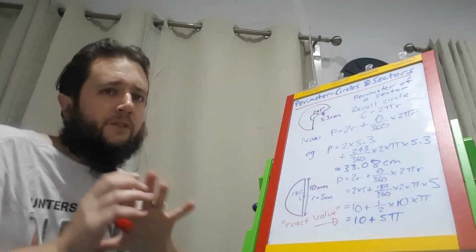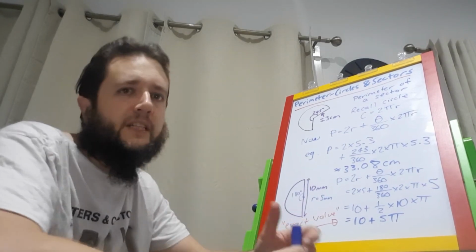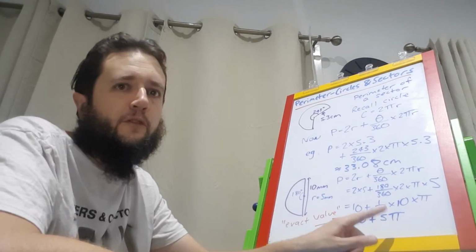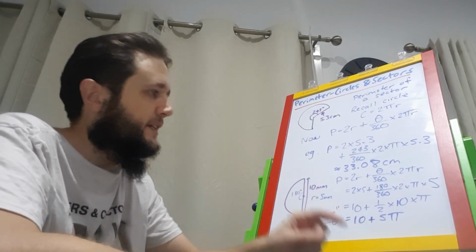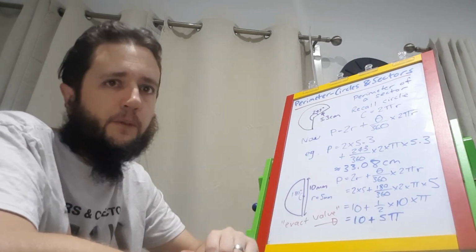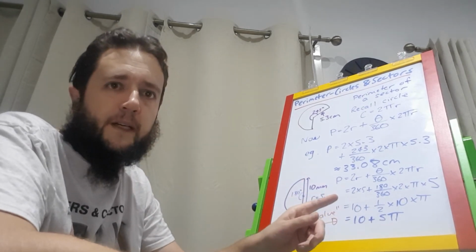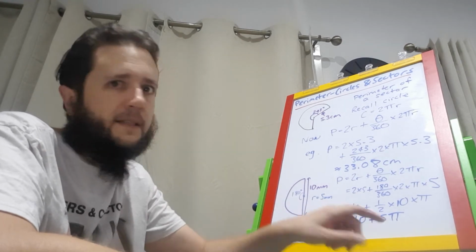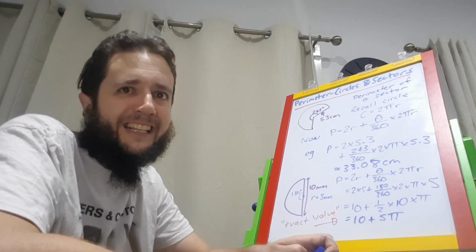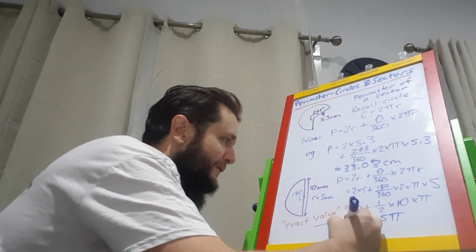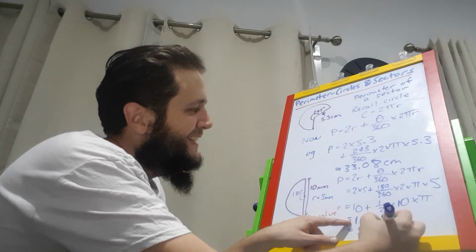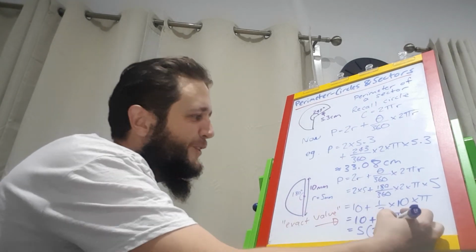All right, we haven't done any rounding, any approximation, but the second we actually put a value of pi into that, we'll start doing rounding. So exact values still have the pi in it. If you want to be really fancy, you could actually apply some of the algebra we've used recently and realize there's a common factor of 5 in that. 5 times what gives us 10, and 5 times what gives us 5 pi.